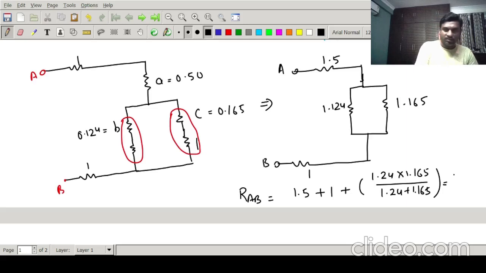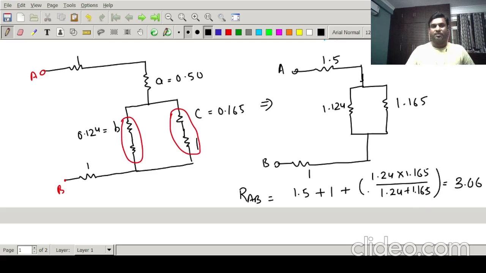So approximately I can get 1.124, 1.165, 2.3, you get around 3.06.